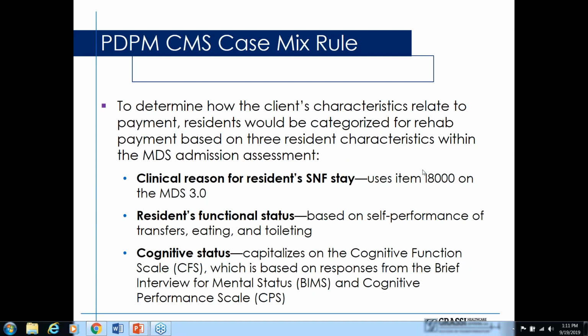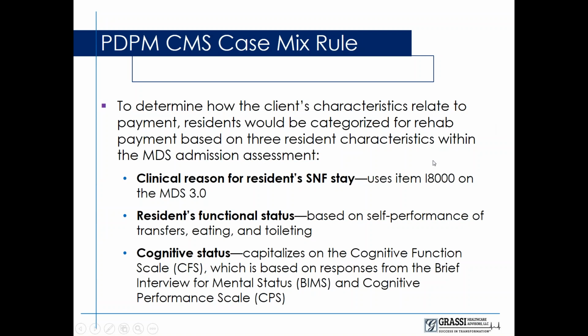And again, I want to reiterate that. This is where that ICD-10 code that represents the reason where the most significant resources are being applied for that patient's stay are indicated. And this, again, is what Alicia is going to speak to you about. The resident's functional status, of course, comes from the MDS, that's section GG, and the cognitive status from section D of the MDS.